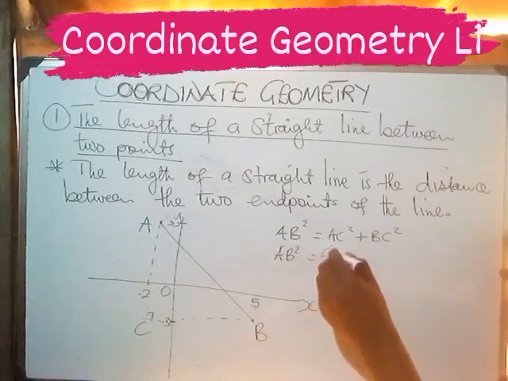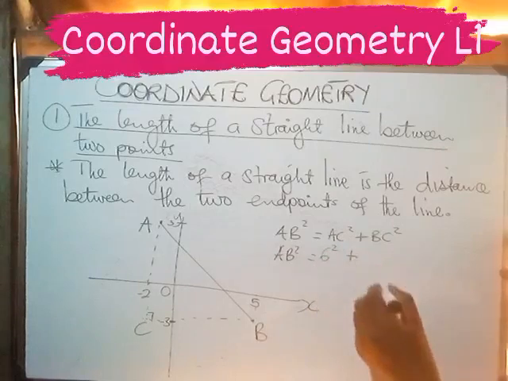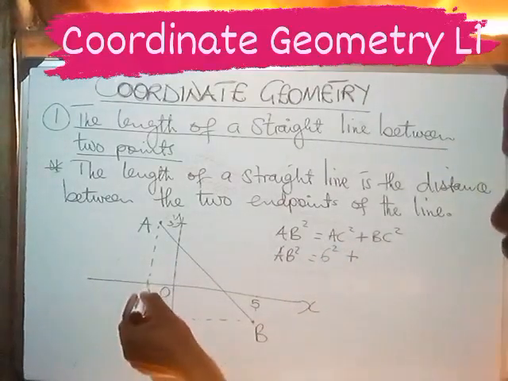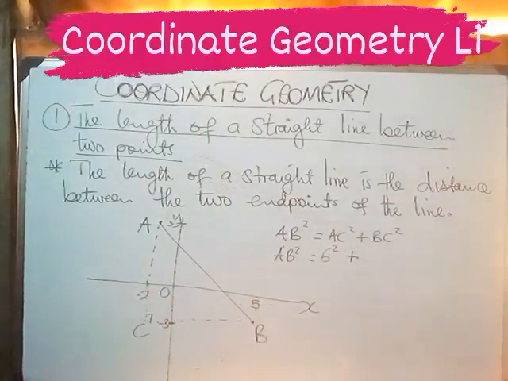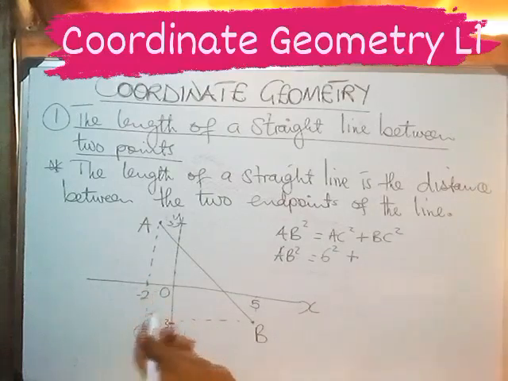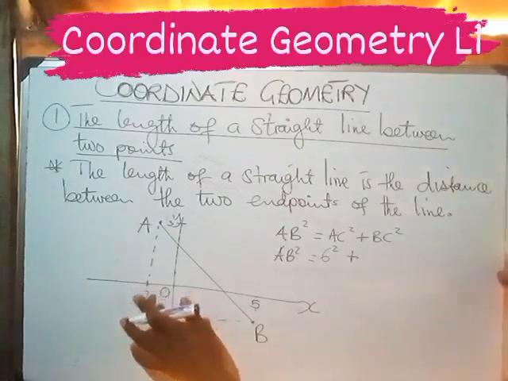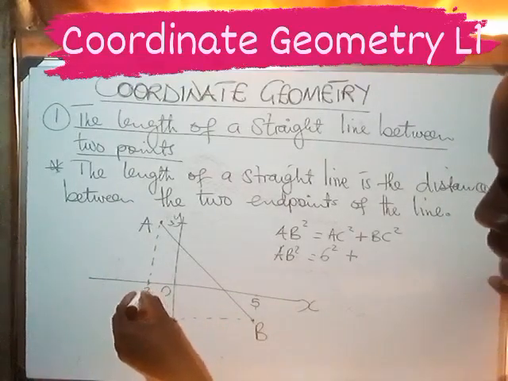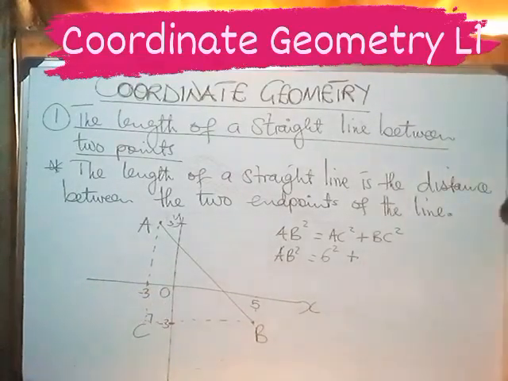So we have 6 steps, so 6 squared plus. What is our BC? From this point here up to this. Maybe for the sake of having an accurate answer, let it be -3 instead of -2.